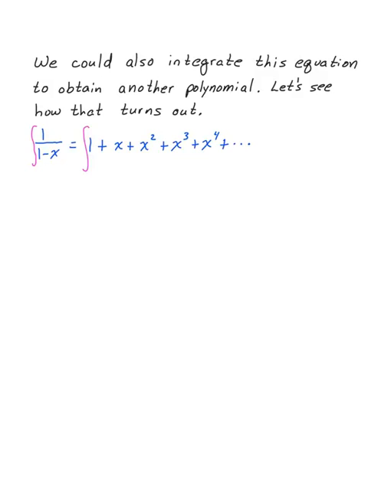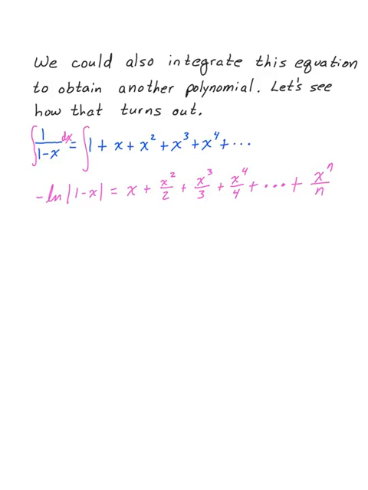If you integrate the left side, then what you're going to end up with is going to be the negative natural log of 1 minus x equals, now the integral of the first term is going to be x, integral of the second term will be x squared over 2, the next term x cubed over 3, x to the 4th over 4, dot dot dot plus x to the n over n.